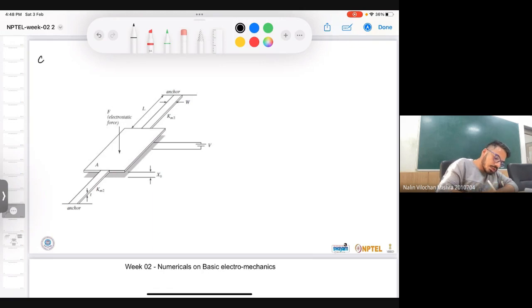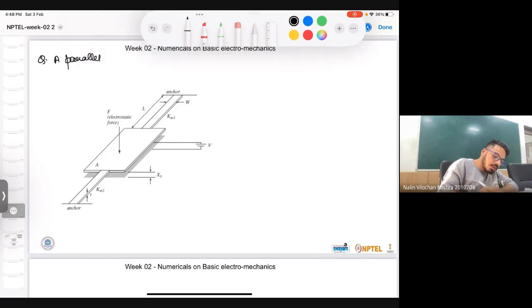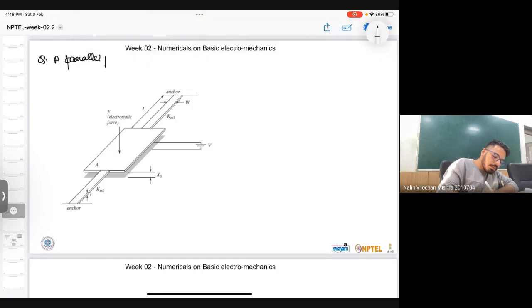So the question is, a parallel plate capacitor is suspended by two fixed guided beams.